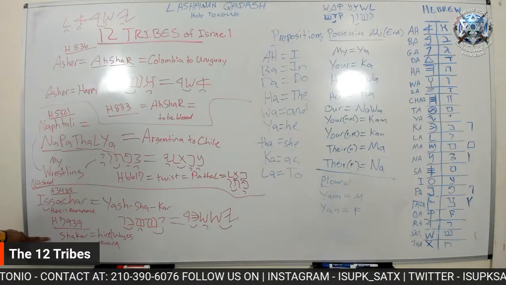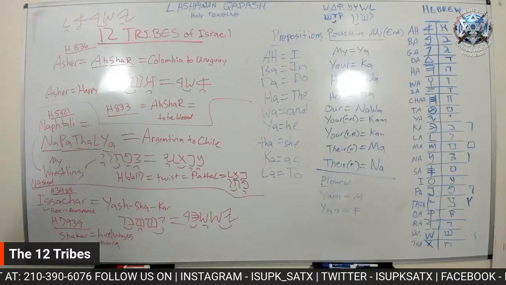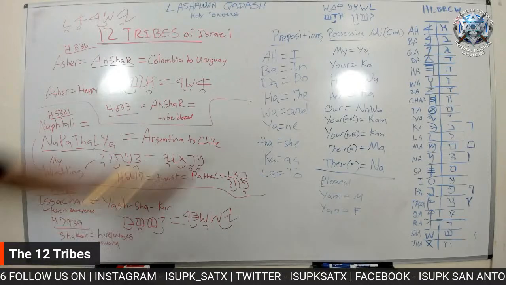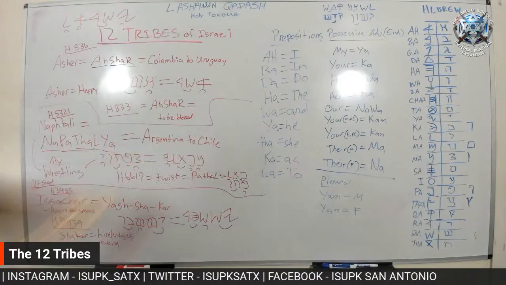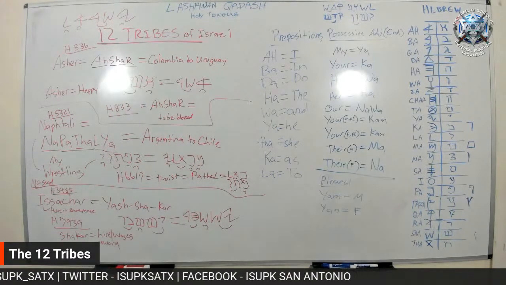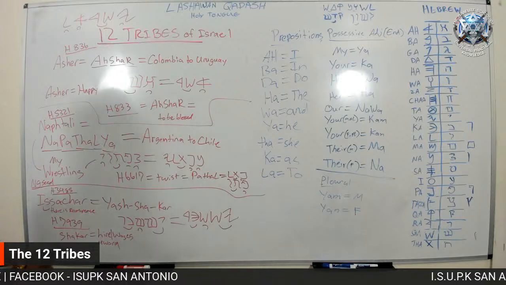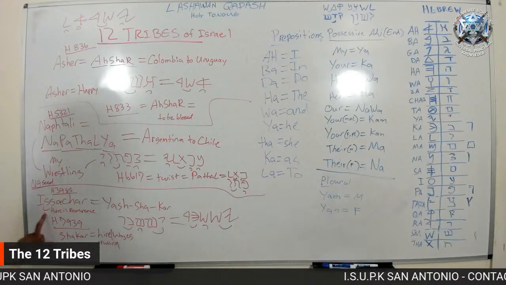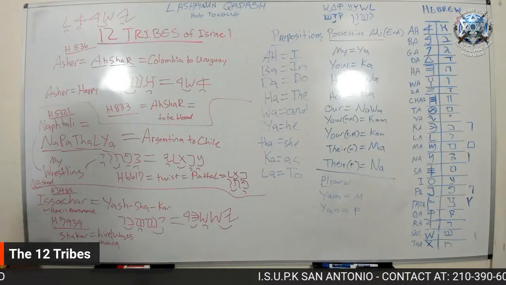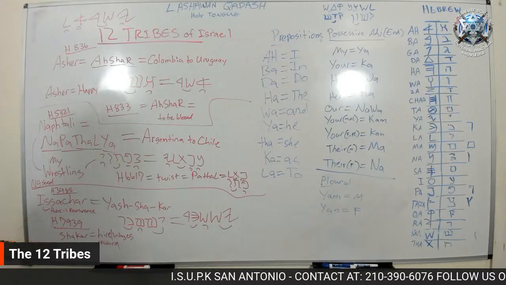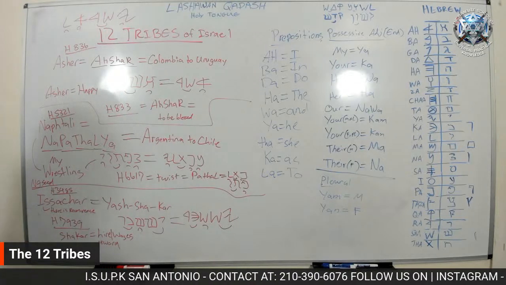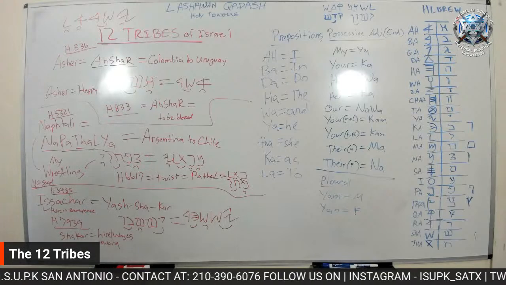Yash. Now notice that Yah is actually tied to Yash, which means he is. So that's where you get he is hired from. There is recompense and he is hired actually mean the same thing, because it's reverting it to a male, but it's also saying recompense, meaning reward, which means wages or hire.